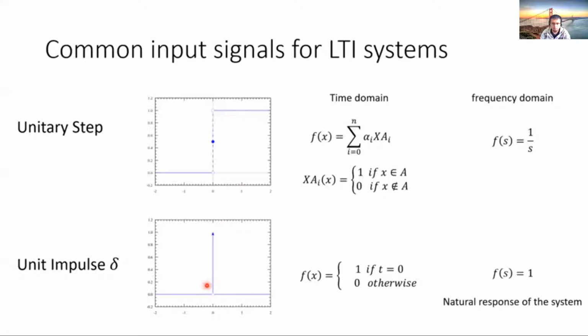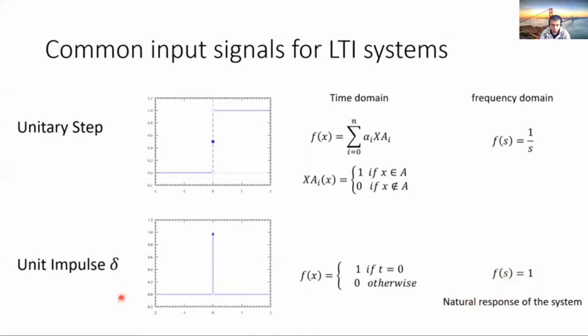The unit impulse is just an infinitesimal jump between 0 and 1 that lasts for just one sample. In the frequency domain, this impulse is equal to 1. It means that it's just one quick event that happened and then disappeared.